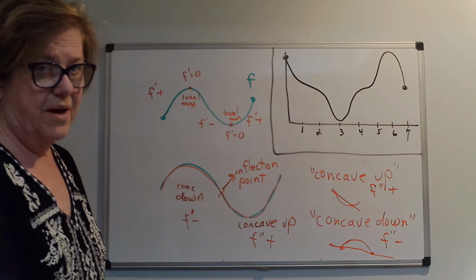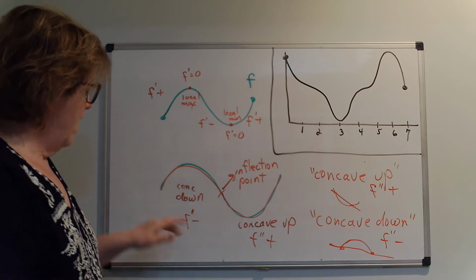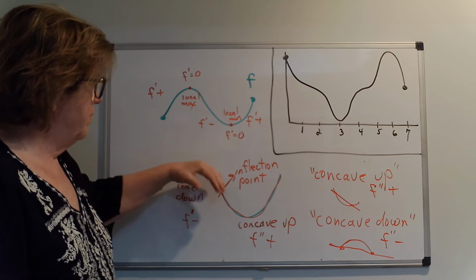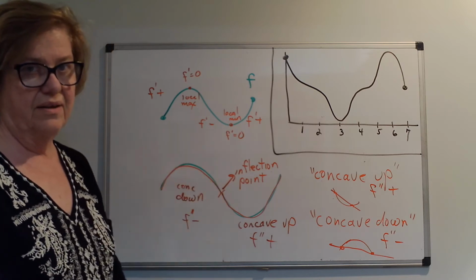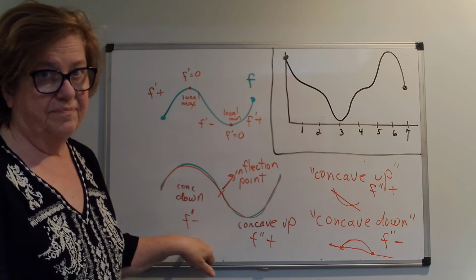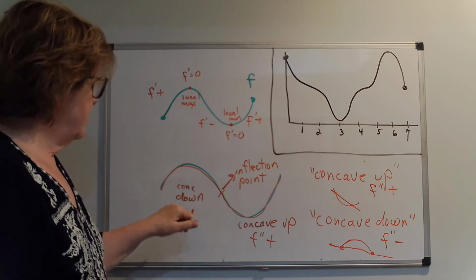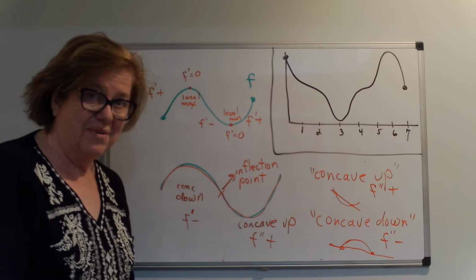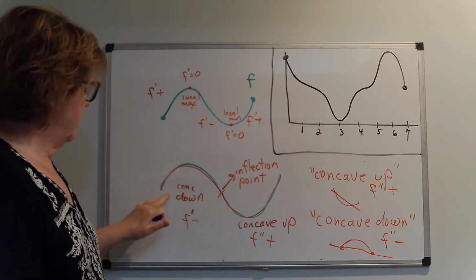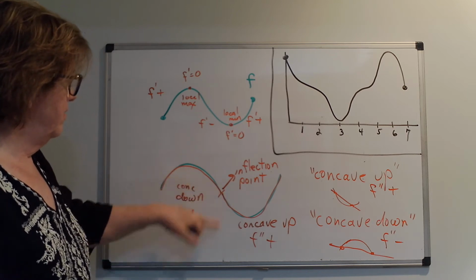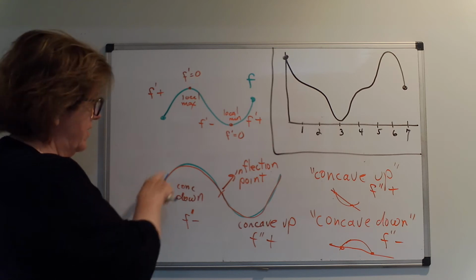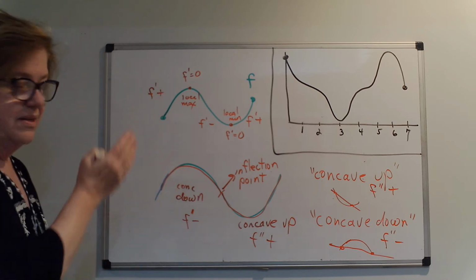Now let's talk about why the second derivative is negative when the graph of the function is concave down like this. Well, the second derivative is the derivative of the derivative, right? So notice what's happening throughout here. We have a sharp tangent line, looks pretty steep.